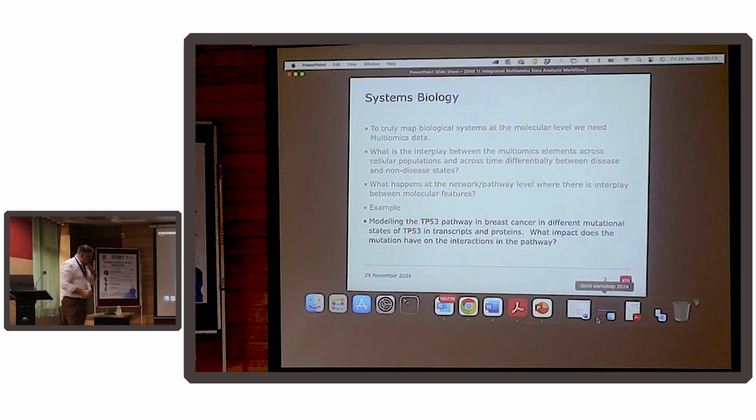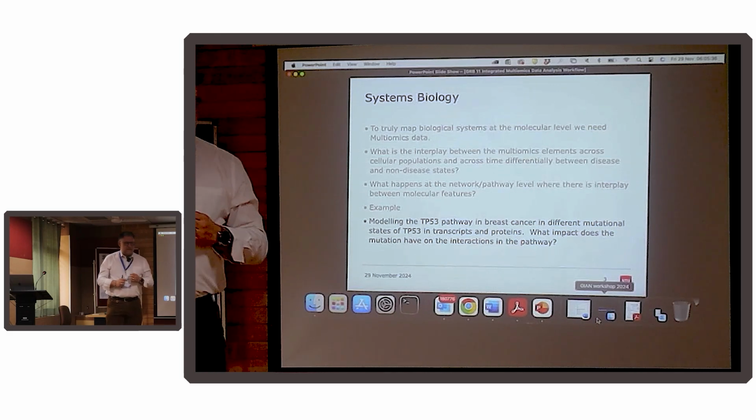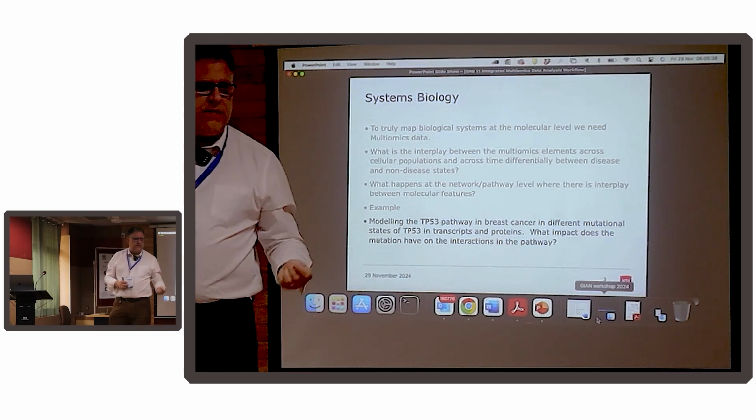So to illustrate this, there's a piece of work which I've done, I'm going to show you, which is modelling the p53 pathway in breast cancer by quantifying that interaction model in different mutational states. So what impact does the mutational state have on the pathway?